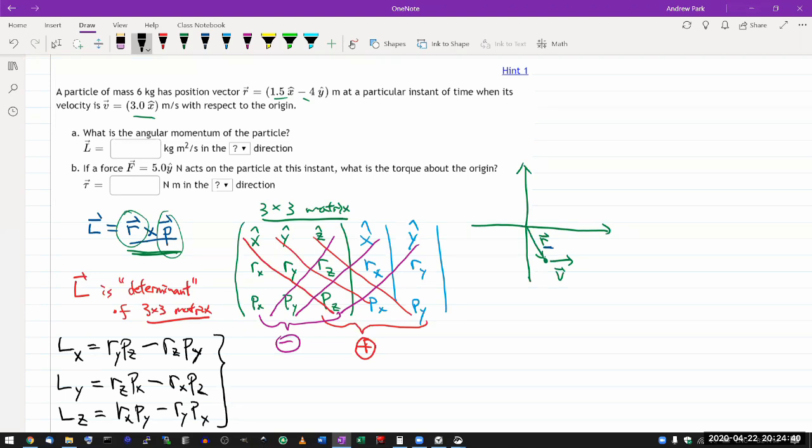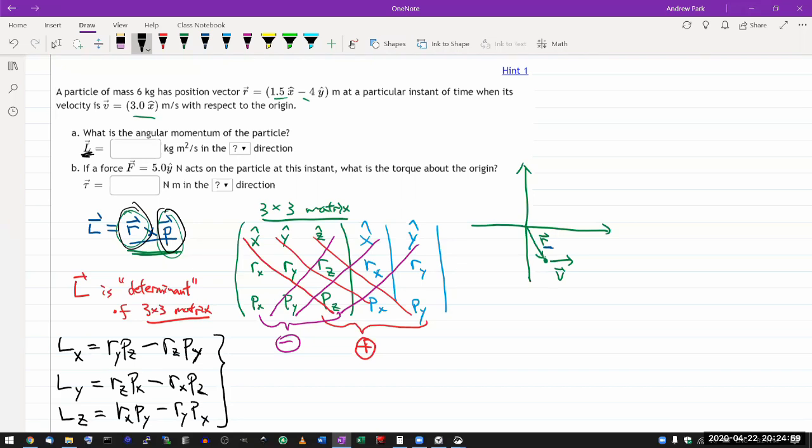Now, for these homework questions, you will see that the things that you are multiplying will be given in such a way that the product is in one of the three axis directions.